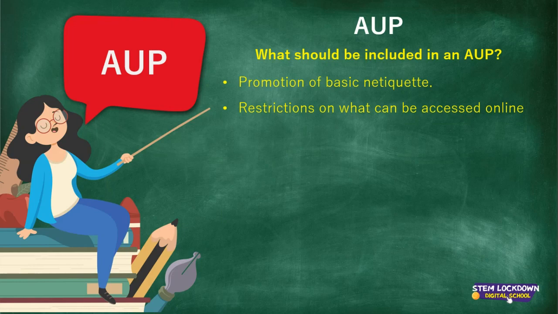There can also be restrictions on what can be accessed online, right? We all know that there are some websites that are a bit destructive, especially when you're at school and you're trying to learn. I'll give you a simple example. Imagine you're working on your PET and you're under pressure. You know how it happens. You suddenly need to use the internet, but a group of people are on Facebook or YouTube streaming videos of people dancing and stuff like that.